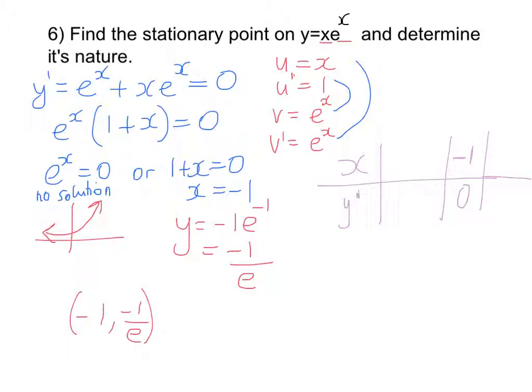So let's choose a value before -1 and after -1, and let's sub that into the y dash, which is the gradient function, to work out the gradient before and after the turning point. So y dash, that is over here or over here. And if we make x equal -2, then you can see here this becomes e to the x outside of 1 plus -2, or 1 minus 2. 1 minus 2 is -1, so that's going to be negative e to the x.